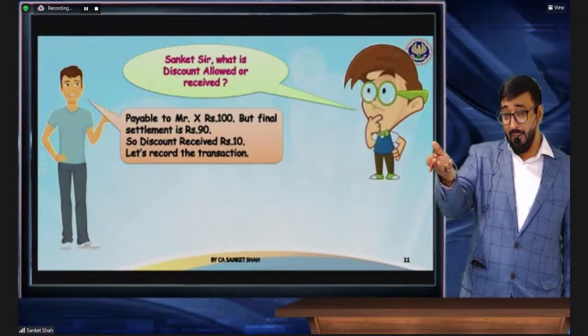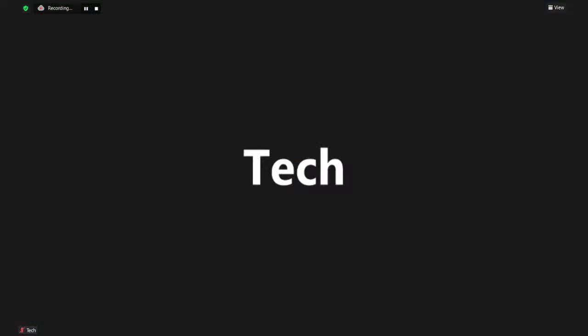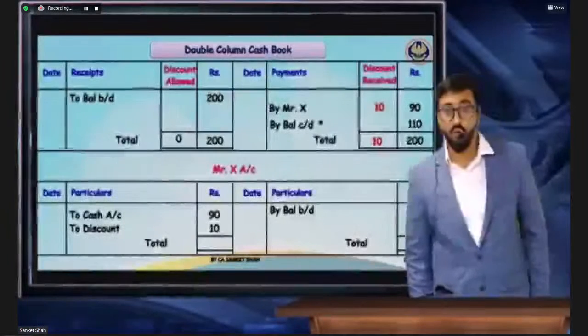So by Mr. X, 10 rupees is discount, so 90 rupees.